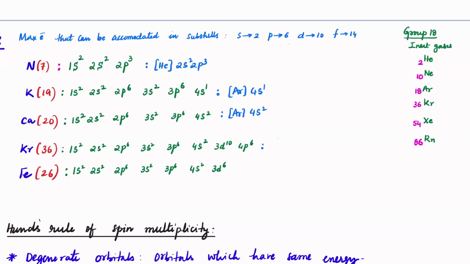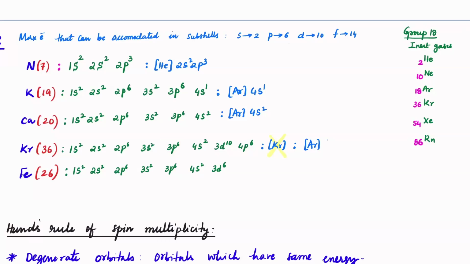Normally, sir, do we simply write krypton? Well, this is not the way to write. Usually inert gases we do not write, but to write it, you should always write the previous one. So argon, up to 36 it is done. Up to 3p6 we know that it is argon.